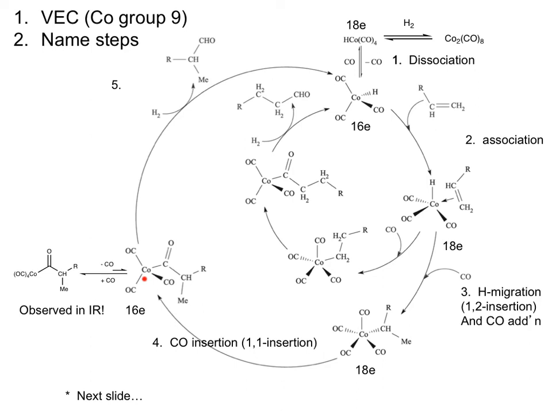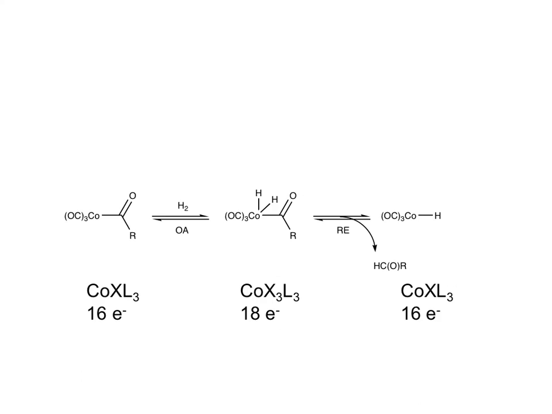Then this is the 1,1 insertion, and then the magic that takes place in step 5 is on the next slide. So we have cobalt XL3, a 16-electron compound. What happens is we add dihydrogen in an oxidative addition to go to the cobalt X3L3 18-electron compound.